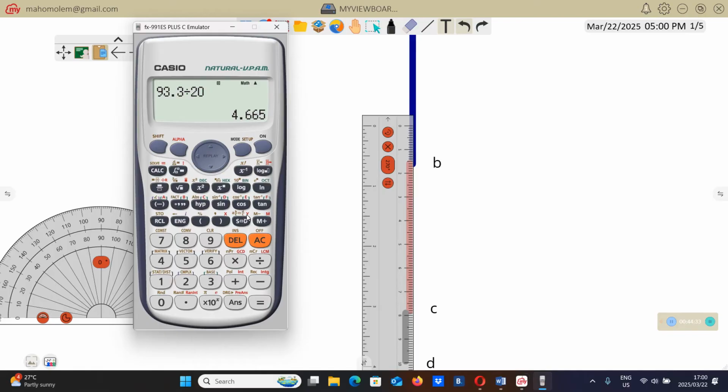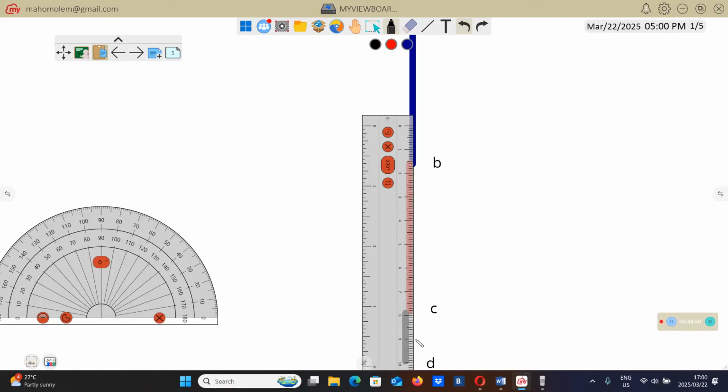So 93.3 will be equal to 4.6 centimeters. So you'll measure from D, this is 1 centimeter, 2, 3, 4. This is 4.5, 4.6 will be somewhere there. So we're going to draw a line from D up there.